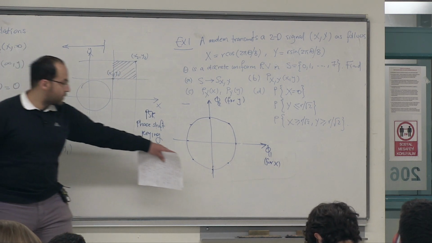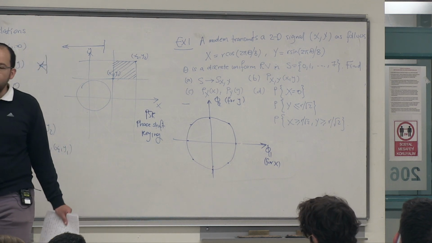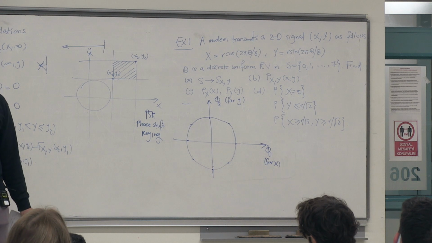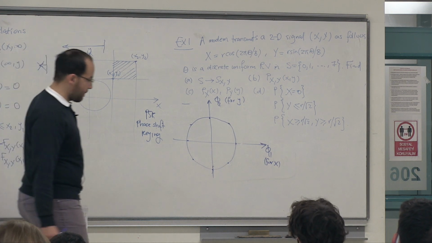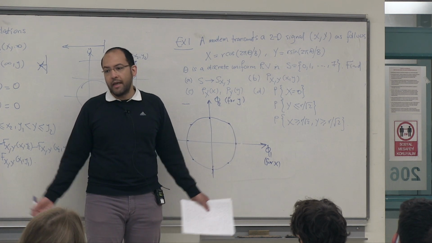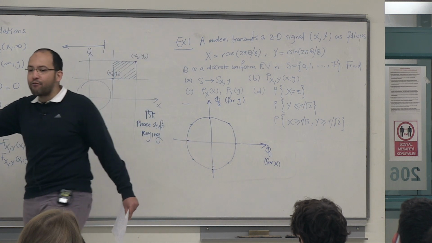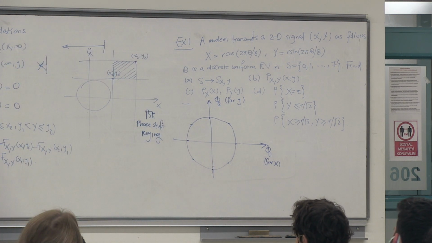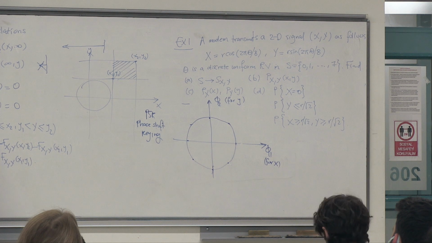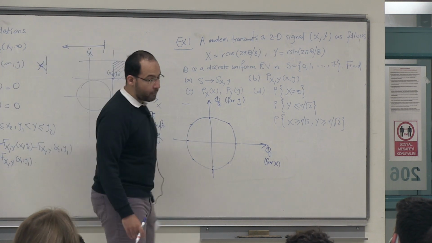Where is the information stored in this shape? How can you differentiate between 2 points? What is the difference between this point and this point, for example? The angle. The only difference between them is the angle, right? So you are not putting any information in the amplitude. You are putting all the information in the phase. So this is called phase shift keying, and it is a famous way of transmitting information.